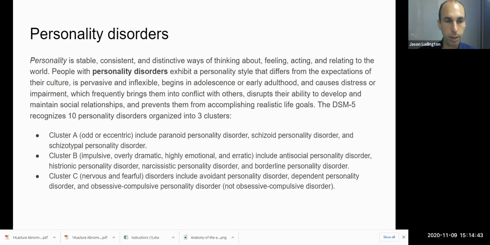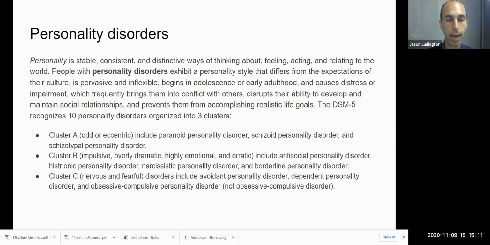There used to be more than 10, but the current version of the DSM has been boiling these disorders down to a smaller number. And now we have these disorders classed into 3 clusters because lots of personality disorders with their different names share features, and we can group them together for their features.